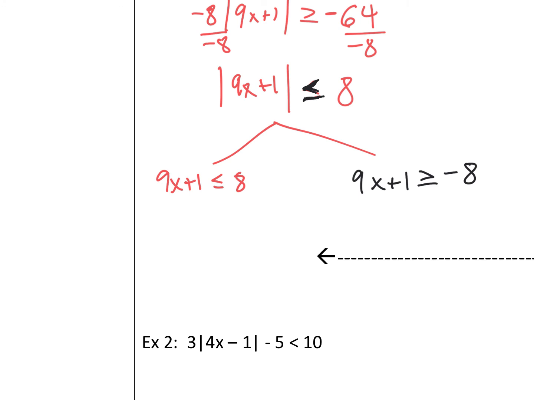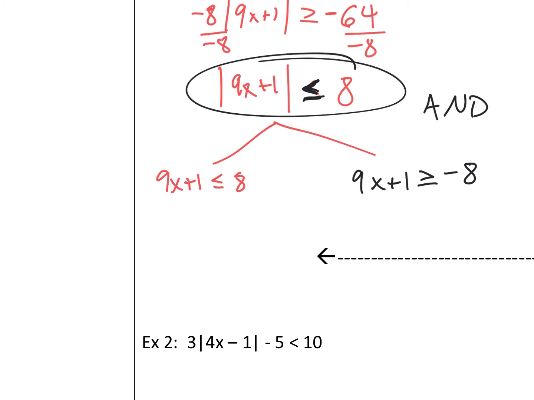It's less than or greater than, which one? It's less than or equal to, right? So if we are thinking less than, this is going to be an and function, and we know that those are supposed to look like line segments.